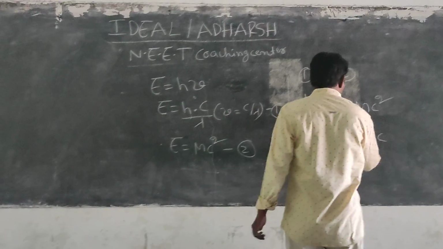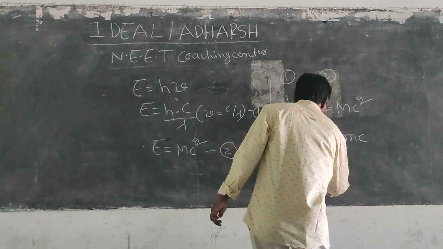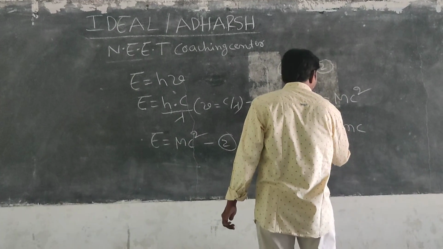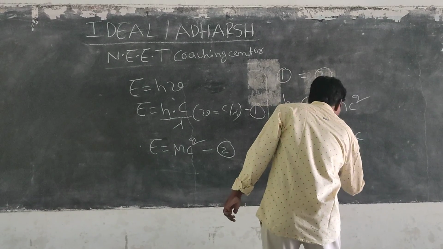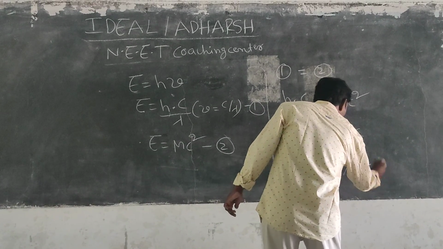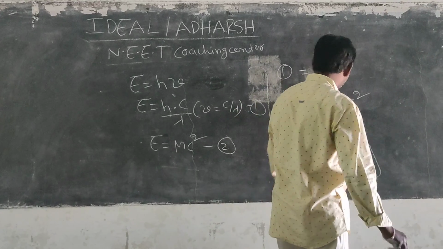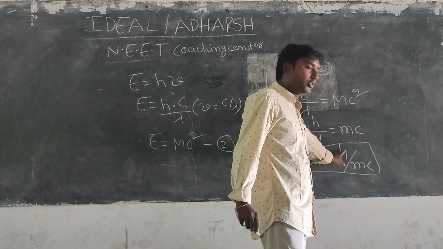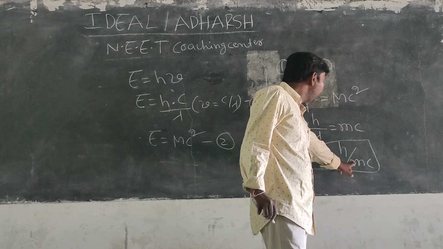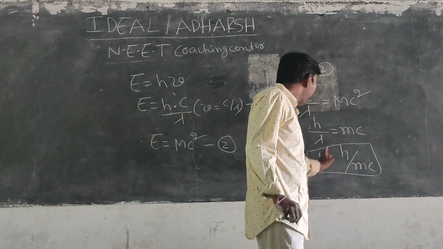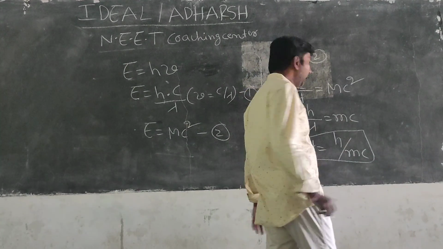Now finally lambda equal to h by mc. Wavelength equals h by mc. h means Planck's constant, m means mass, c means velocity. So lambda equals h by mc.